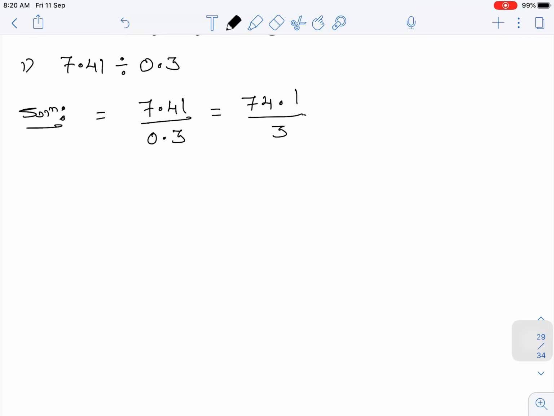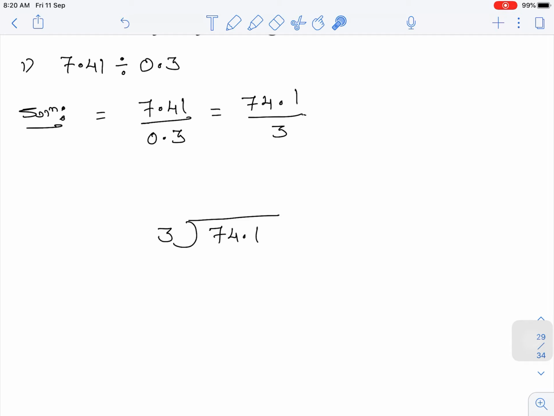The number present in the numerator is known as the dividend, and this one is the divisor. So we write the dividend, 74.1, over here and the divisor over here. This is only a one digit number, so we will consider only one digit. Now is 7 coming in 3's table?